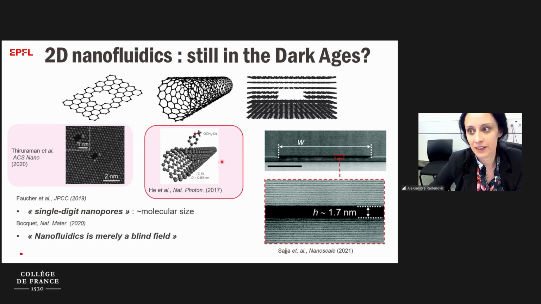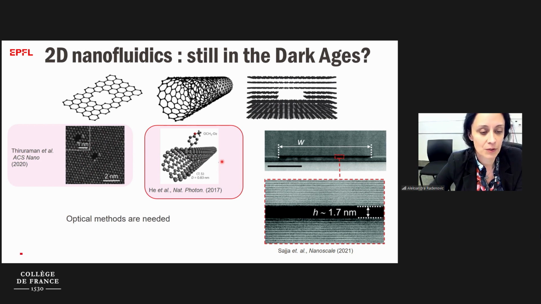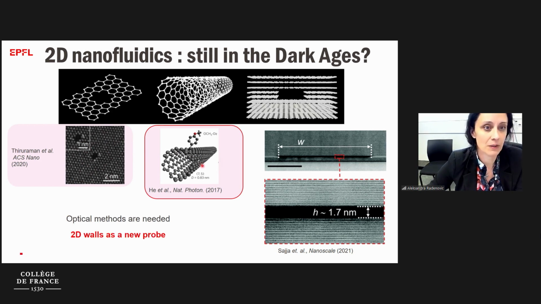Really, there is a large need to combine the two fields, nanofluidics and optics. In my lab, we wanted to explore the walls of 2D materials as a new kind of probe to peer inside these confinements.